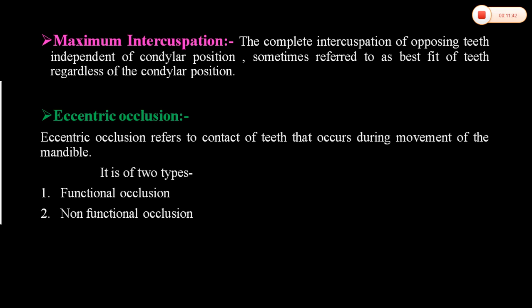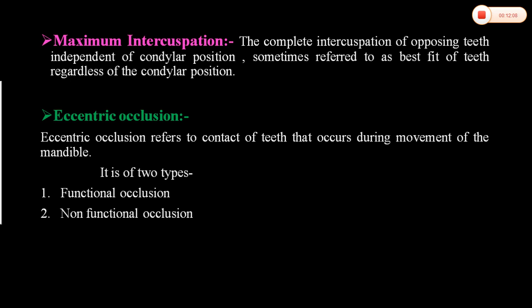And one more point you have to remember. Imagine if you move the mandible towards the right side, that right side is known as the working side. Right side is known as the working side contacts, whereas the left side is known as the non-working side or balancing side.